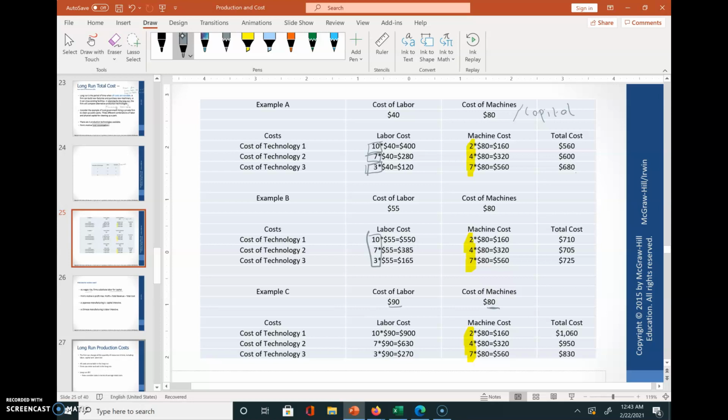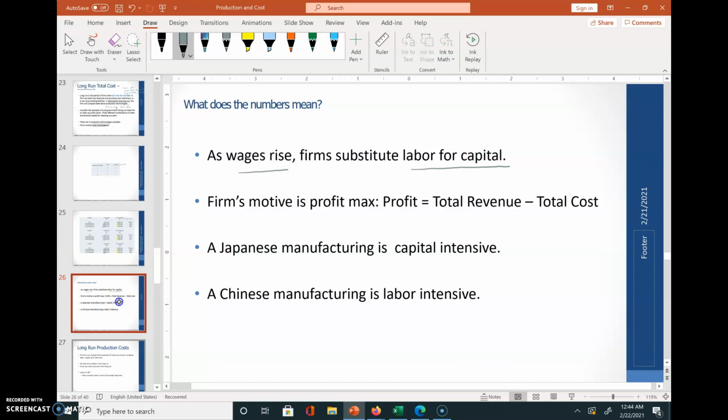So the firm is gonna hire a lesser amount of labor and more units of capital. So basically, the firm is using more capital and less labor. And the firm can do that because we are in the long run, and in the long run, the firm has the ability to do whatever it wants to do.